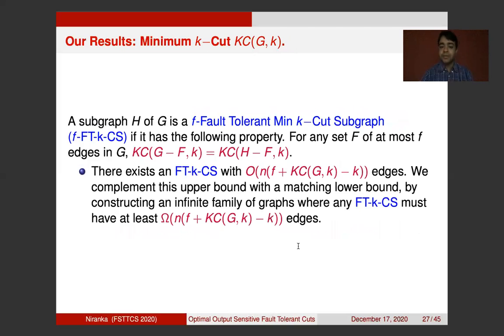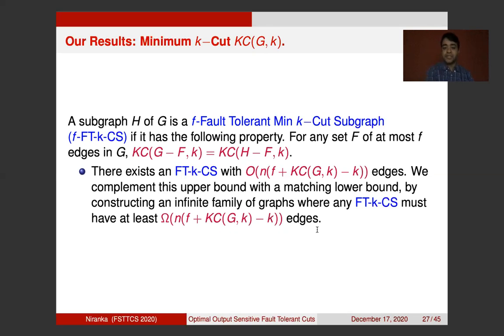For the next problem, for which we'll just state the results in this talk, is the problem of minimum k cut, as we described before, and a fault tolerant min k cut subgraph, FTKCS, if it has the following property: KC of G minus F comma k is equal to KC of H minus F comma k. And we say that there exists an FTKCS with an upper bound of order n times (f plus KC(G, k)) minus k edges, and we give an almost optimal lower bound as well.